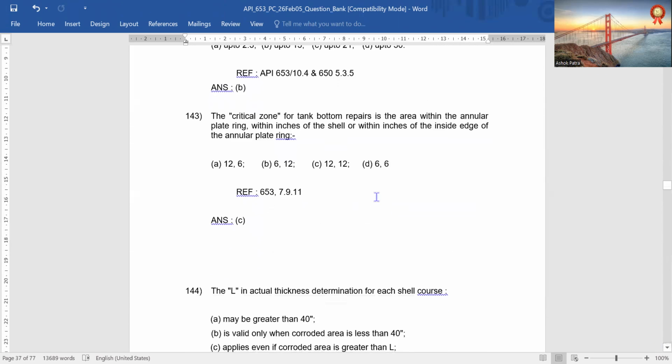The critical zone for tank bottom repairs, within the annular plate ring, within inches of the shell or within inches of the inside edge of the annular plate ring, is 12 inches.